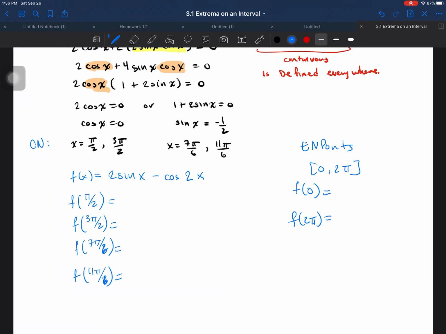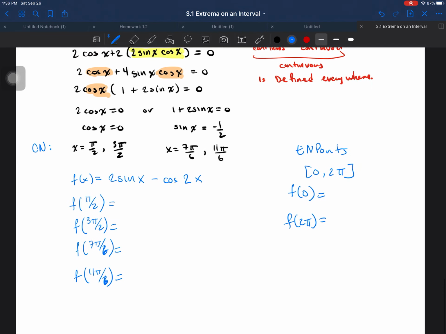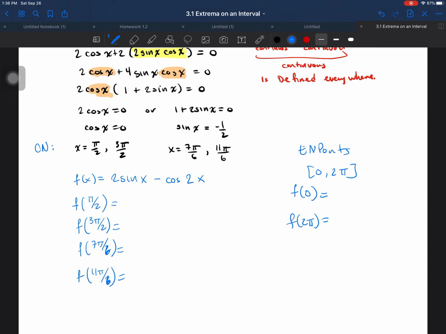All right. So let's see. We can try this in our head. So we can do sine of pi over 2. That's just going to be 1. So that's going to be 2 times 1 is 2. And then here you have pi over 2 times 2. That will give you pi. Cosine is negative 1. And so this gives you 2 minus negative 1. That is 3.